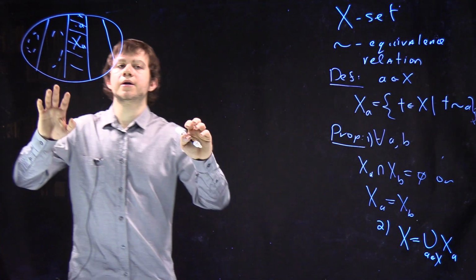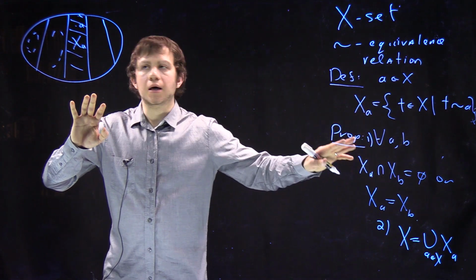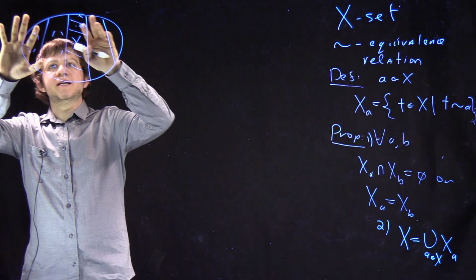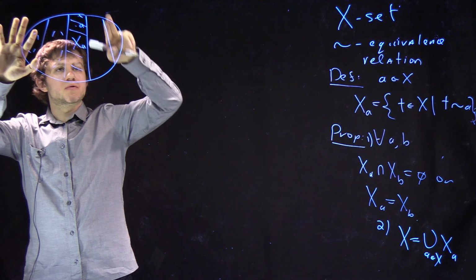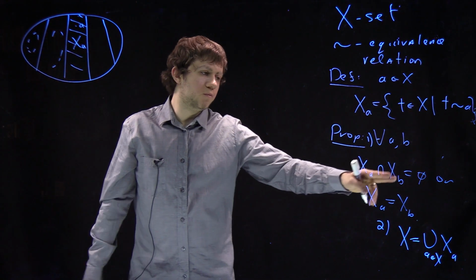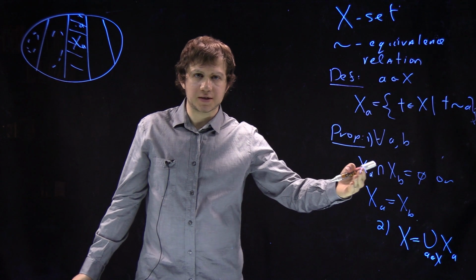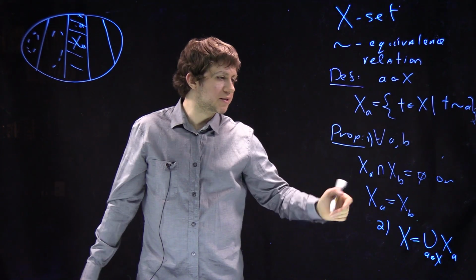So what happened here is I just said that our set is presented as a union of non-intersecting, usually people say pairwise disjoint, subsets called equivalence classes.